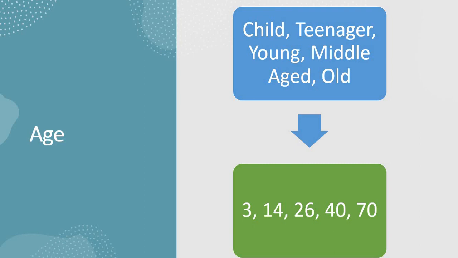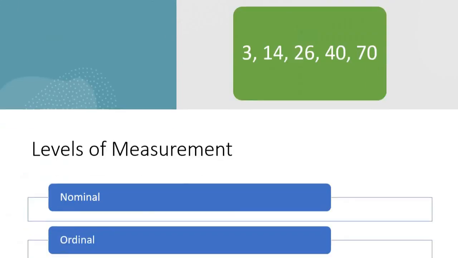Or you can measure age more precisely as 3 years, 14 years, 26 years, 40 years, and 70 years. So, variables can be measured at different levels of precision. Although not all variables can be measured at all levels, some variables can be measured at more than one level. So, let's see what levels of measurement are.